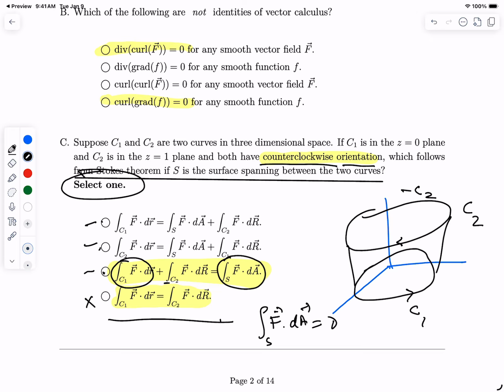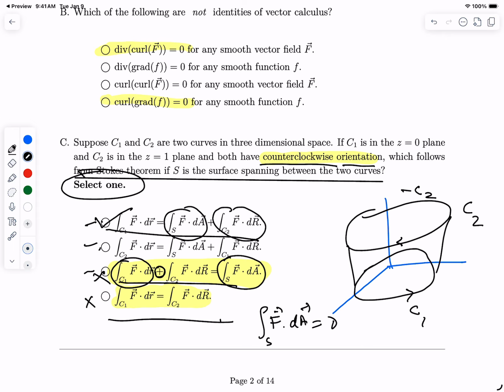So if you apply negative here, this sign becomes negative, so this third is obviously not true. So C1 is flux plus C2. The first one seems to be true here. Okay, it's all about the orientation. So counterclockwise is the orientation of curves C1 and C2.